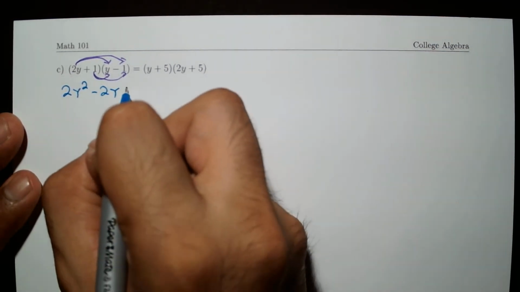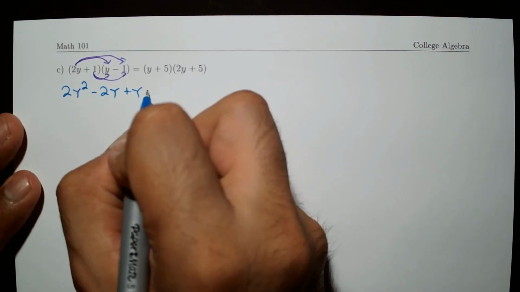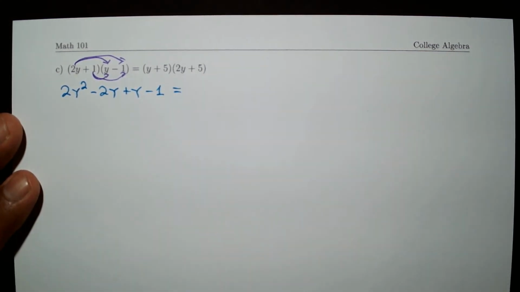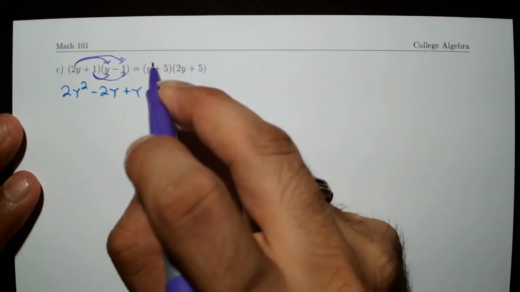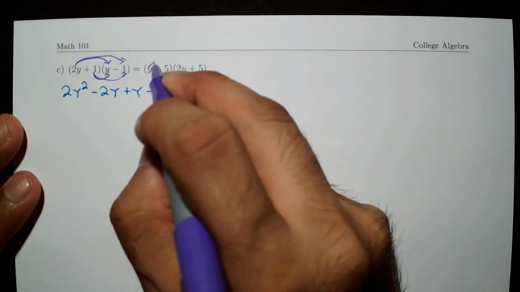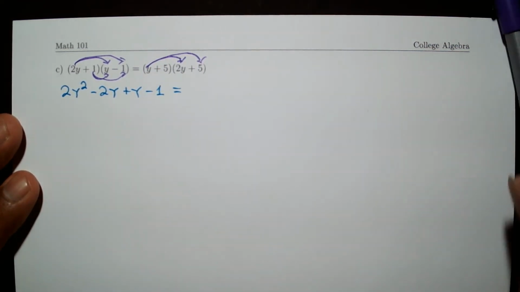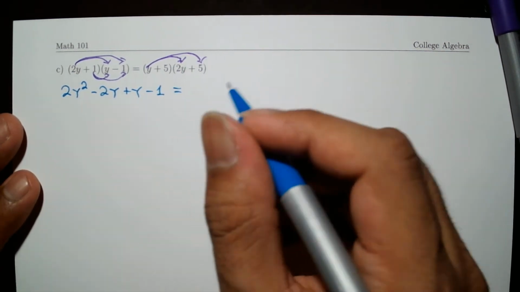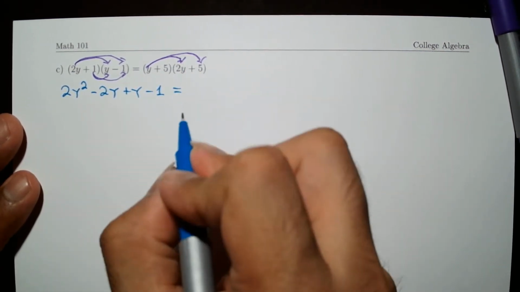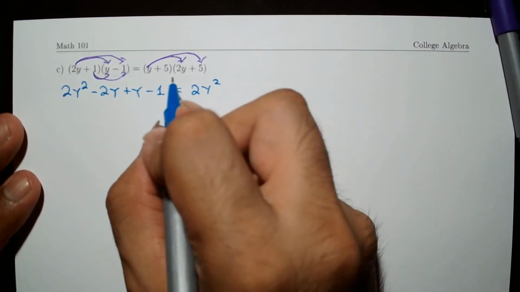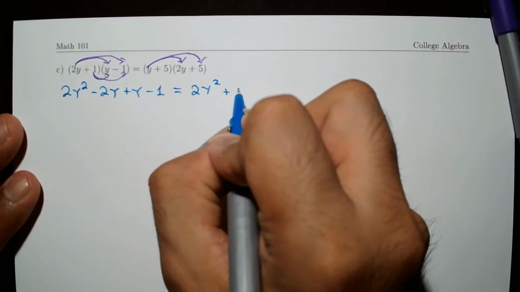That's going to be plus y minus 1 equals, let's see what do we do on the other side of the equation. So we are going to multiply as well, y times 2y, y times 5, that's going to give us again 2y squared, and y times 5, that's going to be 5y.